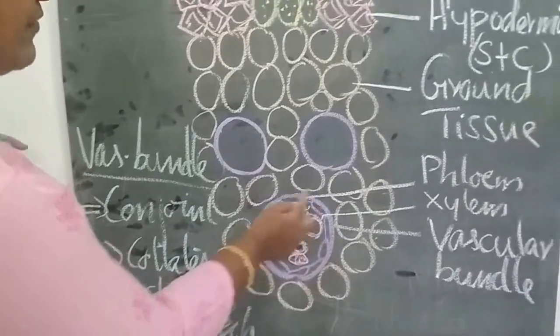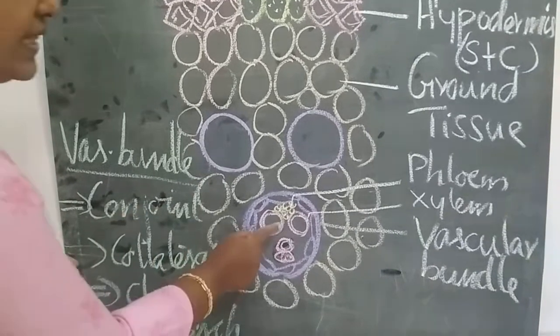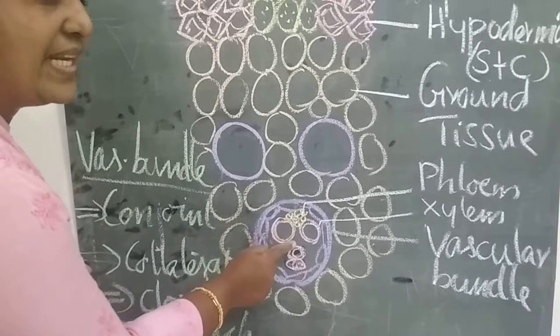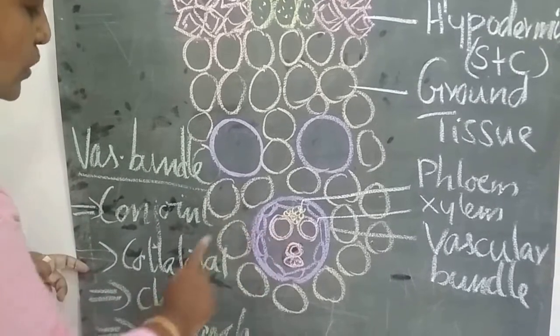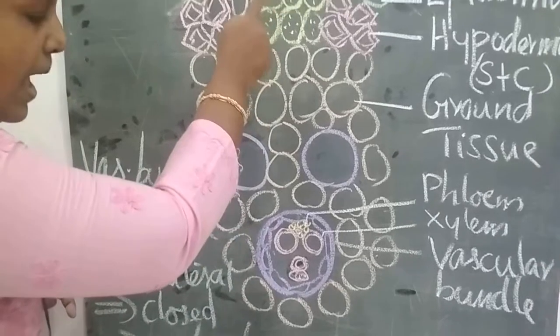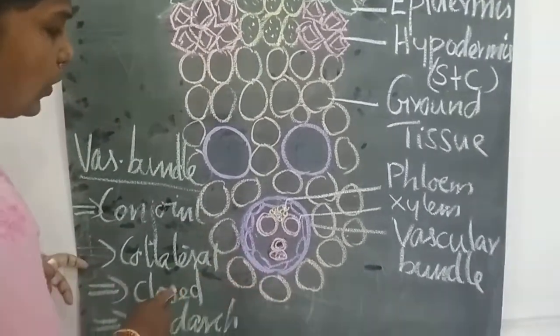Conjoined means the xylem and the phloem lie in the same radius. Collateral means the phloem is facing towards the periphery and the xylem is facing towards the center.